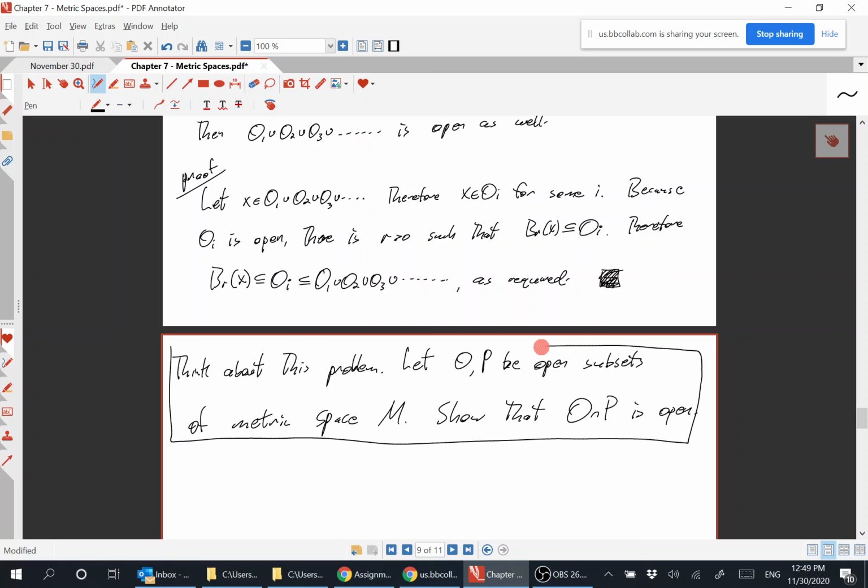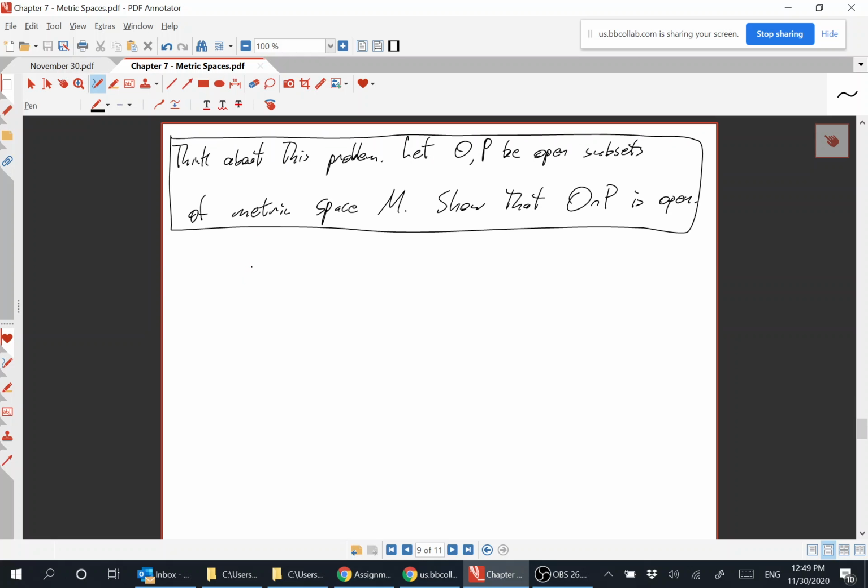So whereas the union of open sets is open, even infinitely many open sets, with intersection, no. It's just finite intersections that will stay open. Infinite intersections won't.